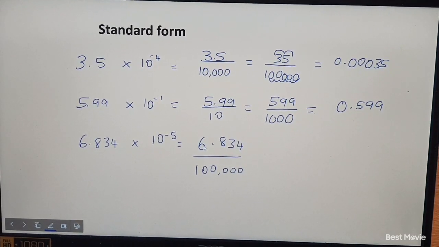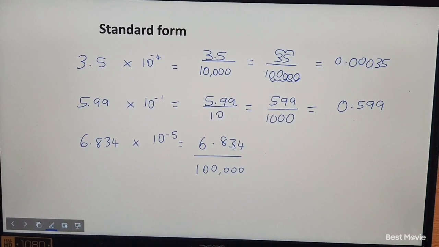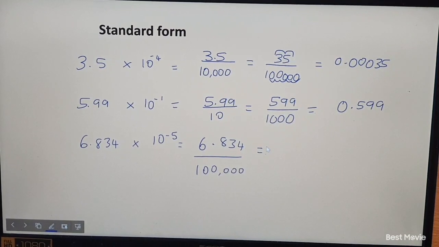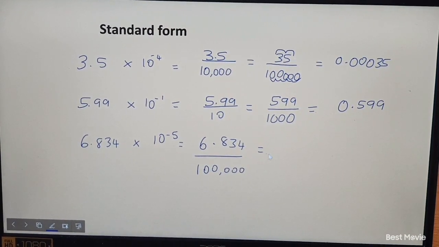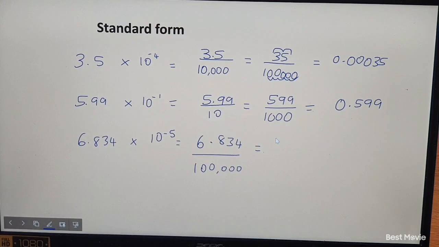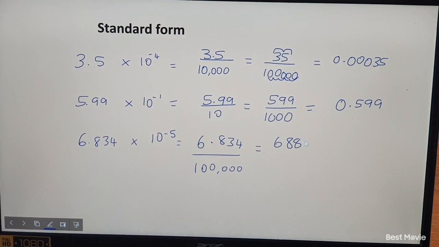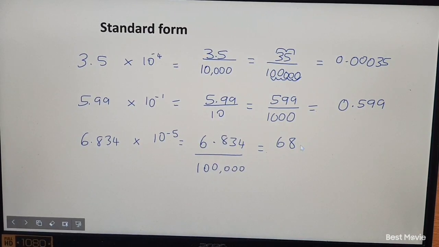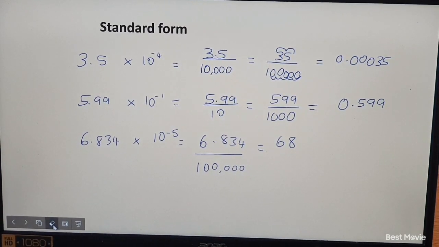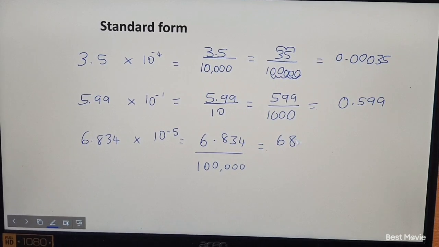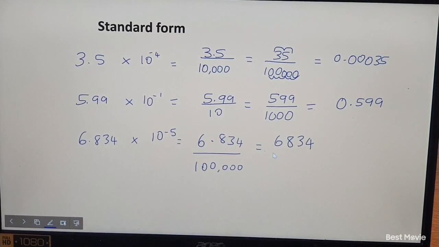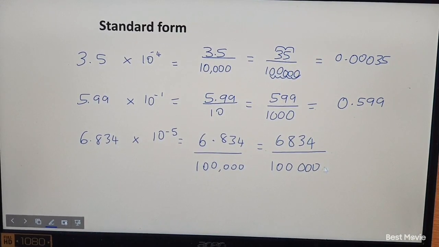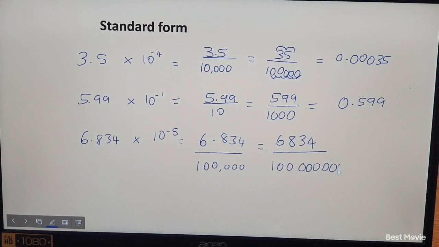So again, get rid of the decimal element of your numerator by multiplying by 1,000. So I would need to multiply 100,000 by 1,000 again. Multiply that by 1,000 is 6,834. I've got 100,000. Multiply it by 1,000.